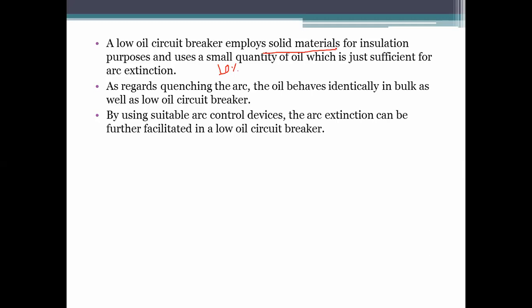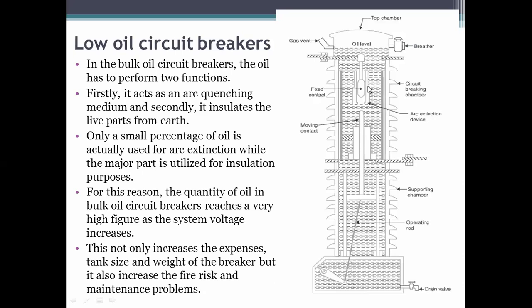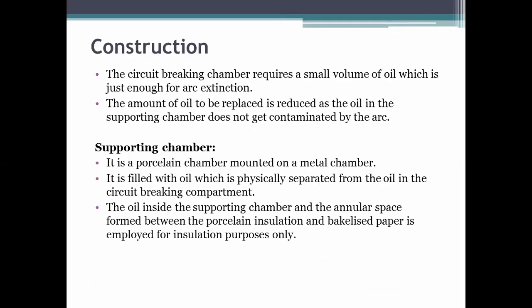Okay, so means there are different arc control devices. Here you can see that arc control device, arc extinction device is used. So by using this device also we can extinguish the arc there. Okay, so the construction again it is explained.